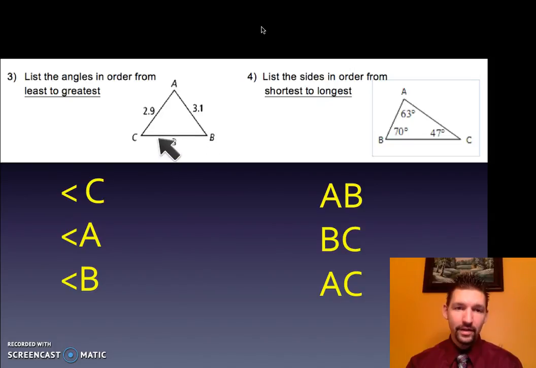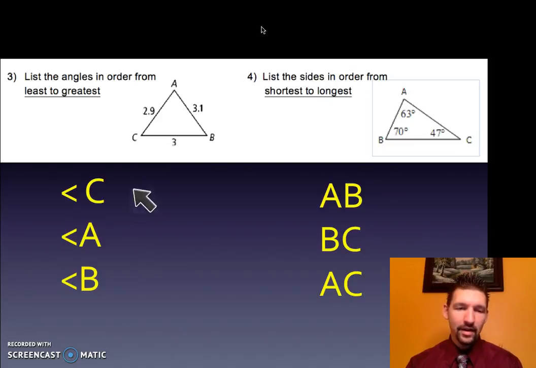So this side is 3 down here. So since that's the middle one going across there, A is going to be the middle angle. And on this side, 3.1, that is the biggest side. So C is going to be the biggest angle.